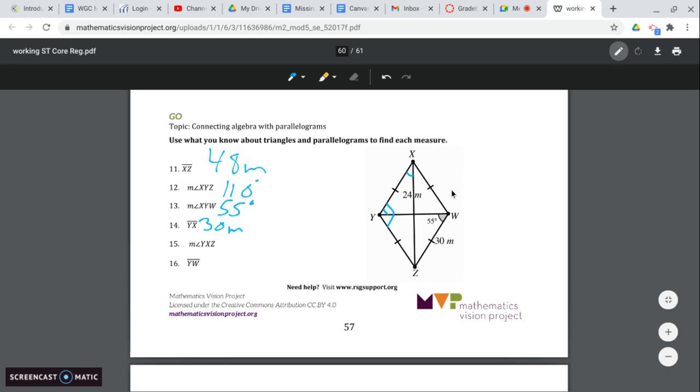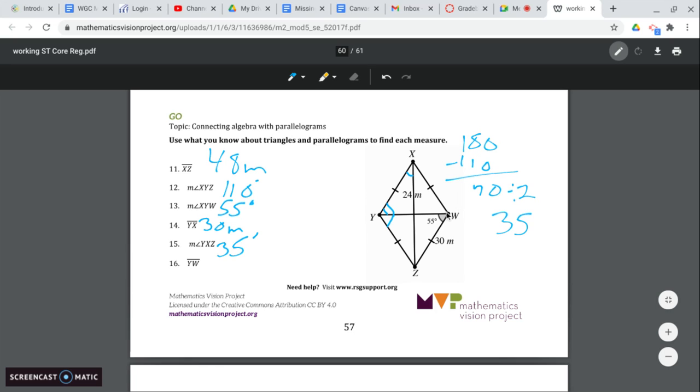And then we know that this is only half of that consecutive angle. So 70 divided by 2 is 35. So this angle is 35 degrees.